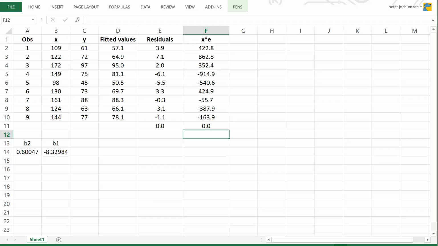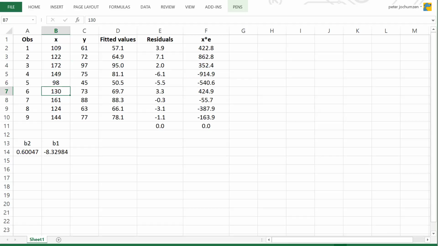And again, it doesn't make any difference how you change the data. Change maybe this one, for example, to 100 and 46. Again, B1 and B2 will change, all the fitted values will change, all the residuals will change, but these two sums will remain 0. So Control Z.